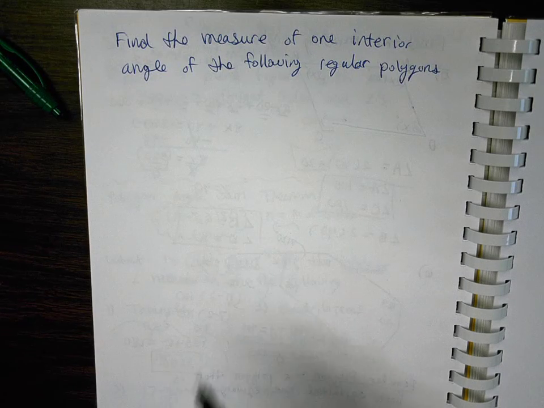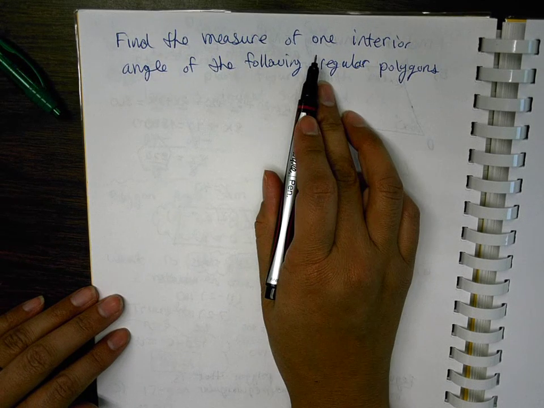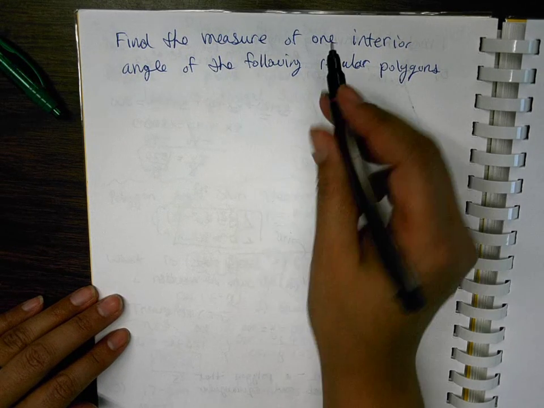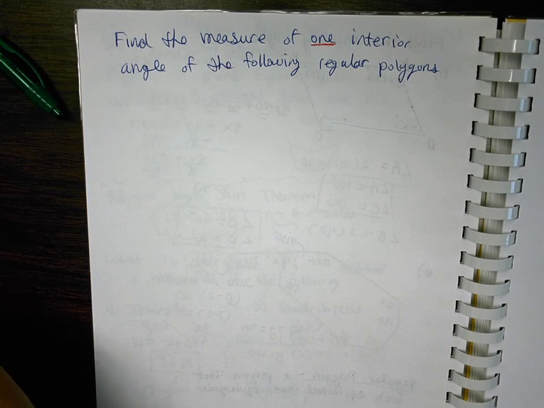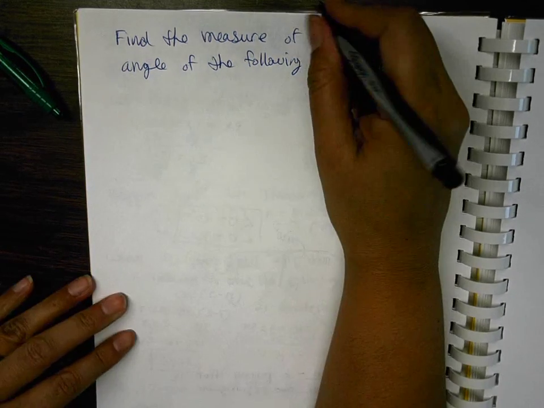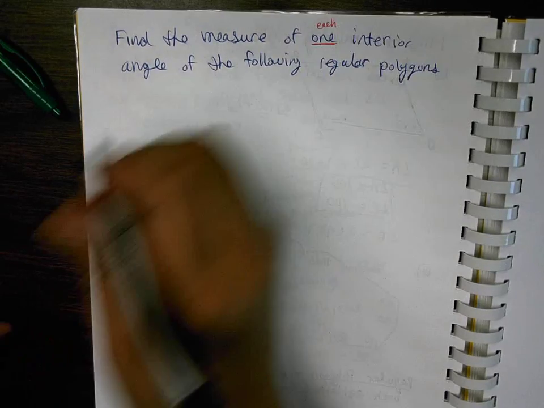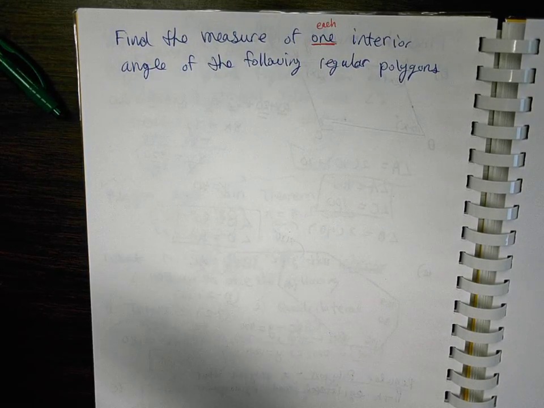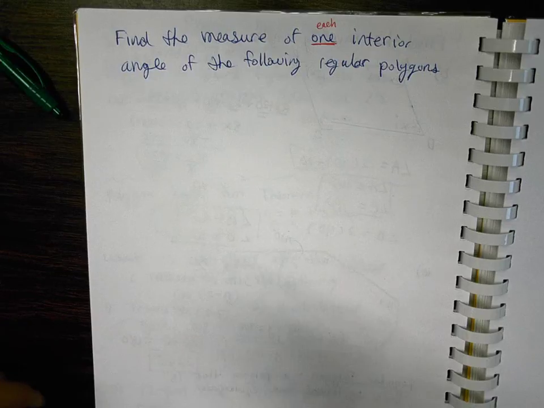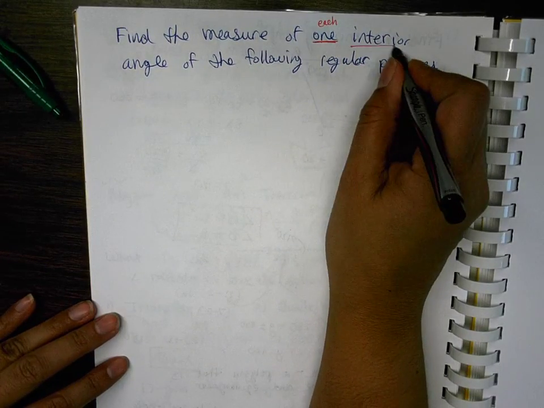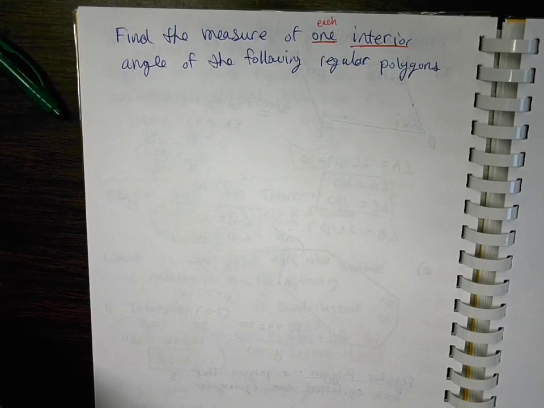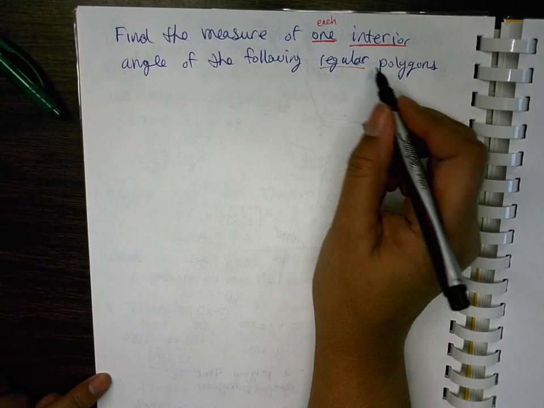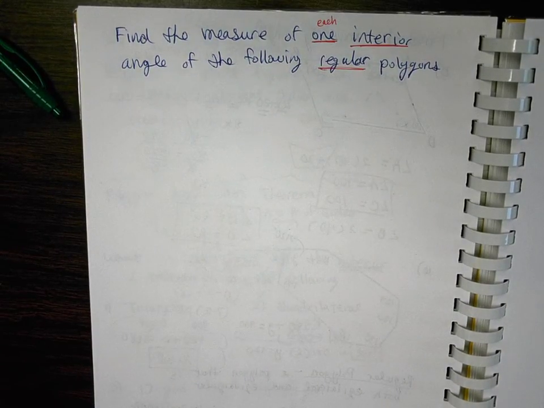Find the measure of the sum or of just one. What's another word they might use instead of one? Find the measure of each. So if you want to put that down: each, one, and find the measure of an angle. Now, does it say interior or exterior? That's another key word. That's all we know right now. We haven't dealt with exterior. And regular. It's regular, interior, and we're looking for one, not the sum.